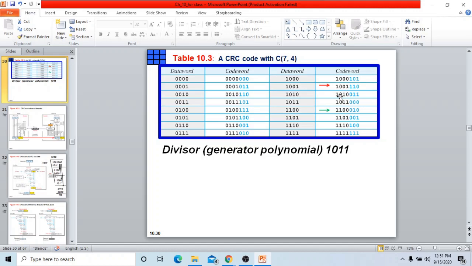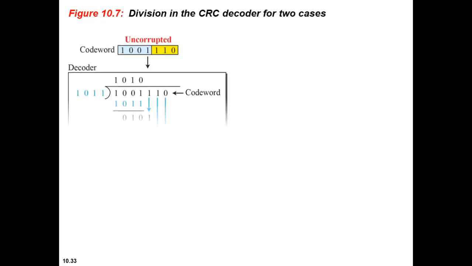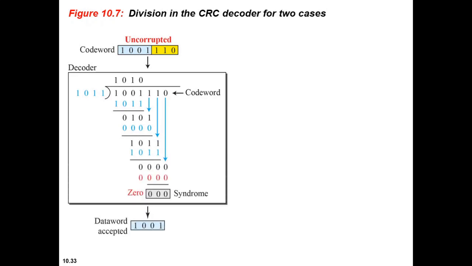But to know how to arrive at it, I did it. I have taken another example also. But before that, we will see this. Now, you know what is being sent from the sender? It is 1001. To that we have added 110, and this code word is sent to the receiver.